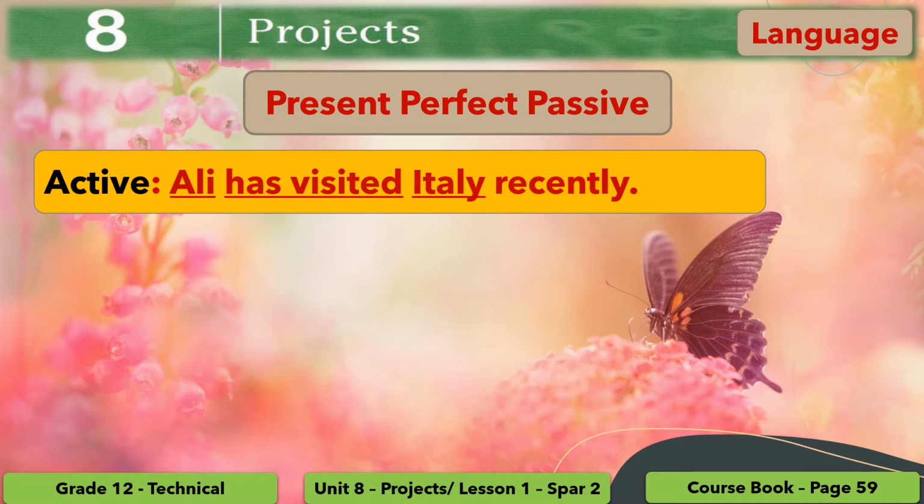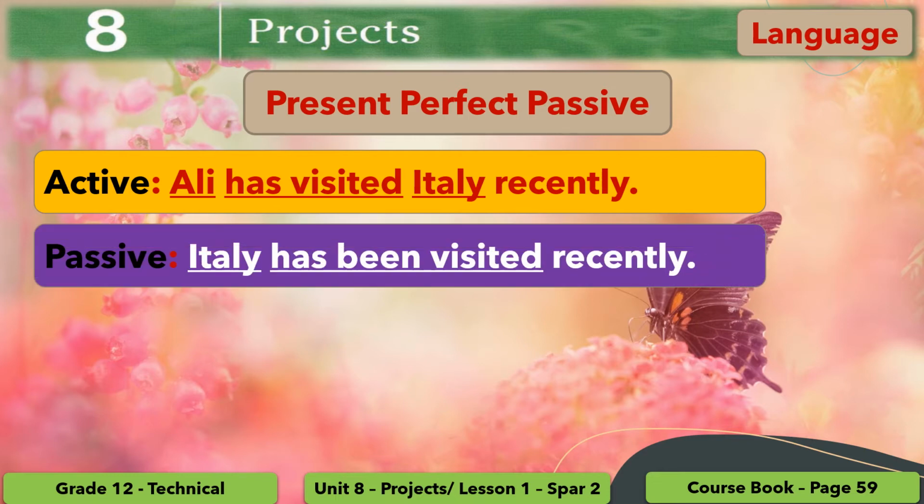To change this sentence into the passive, we begin with the object and we change the order of the sentence. So it becomes in the following way. Italy has been visited recently.